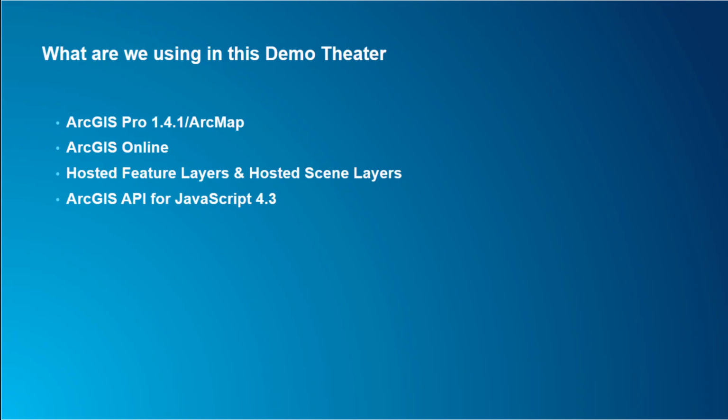But you could be using your enterprise portal like 10.4 or 10.5 to generate the scene layers to use also in a custom application. So it's not just ArcGIS Online, it can be ArcGIS Online or your portal that you could be generating them. And in this workflow, I'm going to be creating hosted feature layers and scene layers.